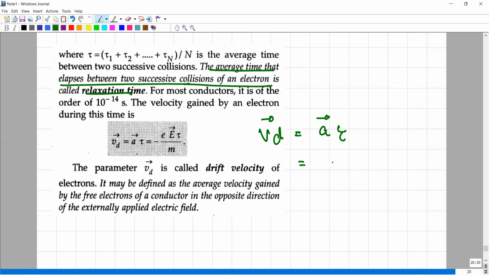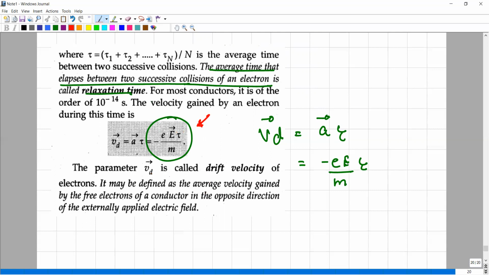Acceleration is a vector. Now, acceleration is minus e, the charge, into the electric field divided by the mass. This we have done before, into tau. And this is what your expression for drift velocity is.